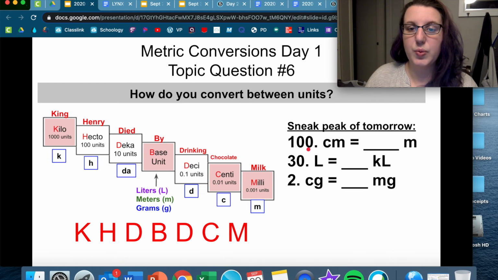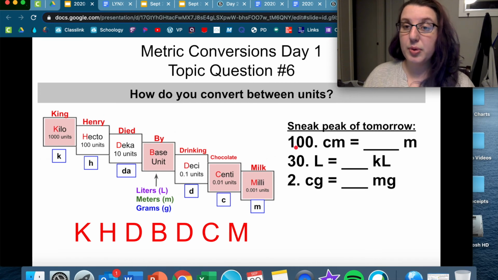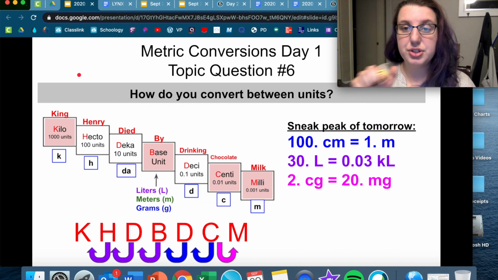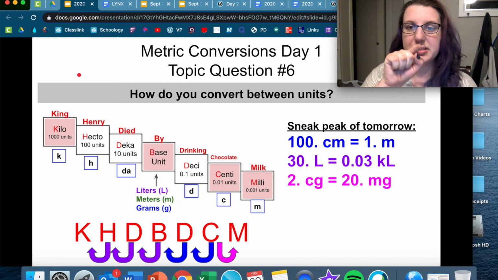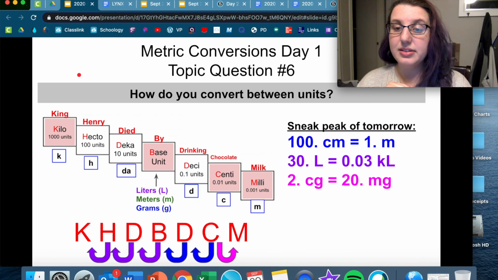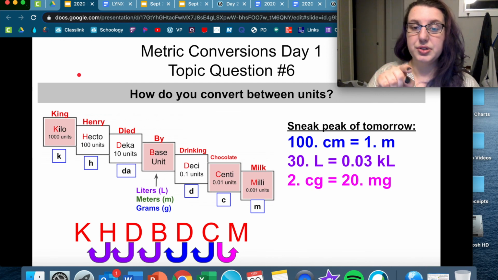I need to move it over 1, 2 spaces, so that's where our new decimal point is going to be. So 100 centimeters equals 1 meter. You can see the jumps we made to go from 100 centimeters, 2 spaces over, to base. Or for liters to kiloliters, 1, 2, 3 spaces over to get from base to kilo. And lastly, centi to milli is just 1 hop over from C to M.